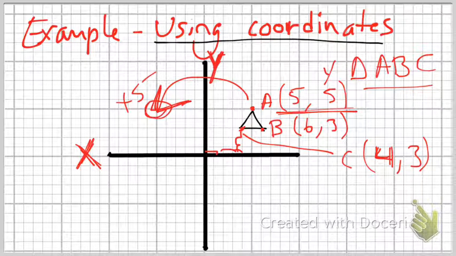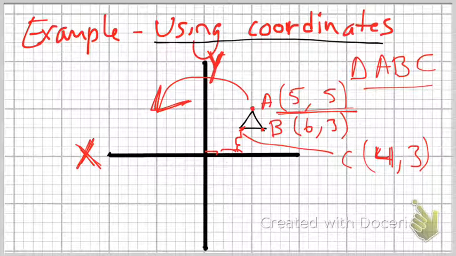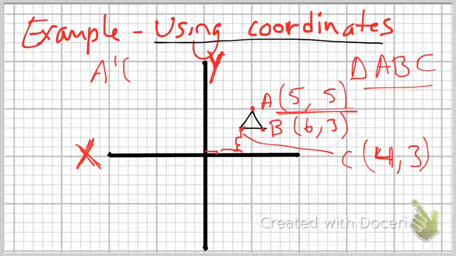But the x would have to change, right? The x would actually change to negative 5. So A prime is negative 5 and 5. And that would be negative 5 and 5, right there. A prime.